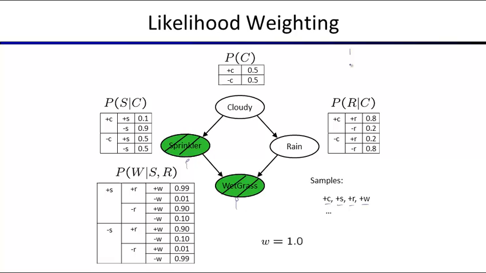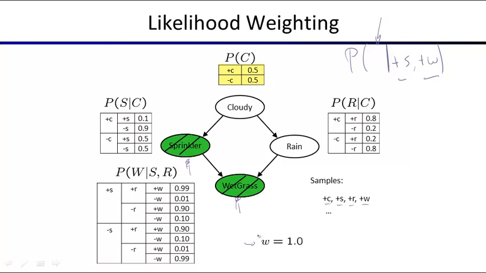Our query is P of something, which doesn't matter, given plus S plus W. For the procedure, it doesn't matter what sits over here. What matters is what's sitting in the back. So that's our query. We're going to force these to take on the values we want. Then we're going to start with a weight of each sample equal to 1, and then work our way through as we go through the sampling procedure.